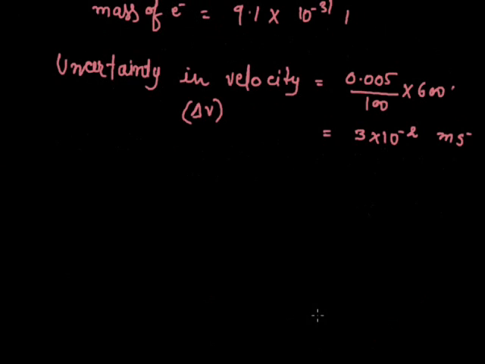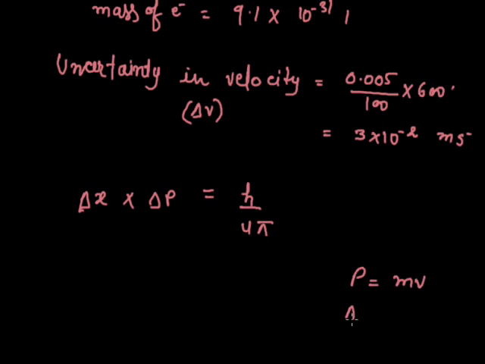Now we know the uncertainty principle, which is delta x into delta p is equal to h upon 4 pi. But in this question we know the value of delta v. So firstly we should change delta p, which is momentum, into m into delta v, because p is equal to mv.